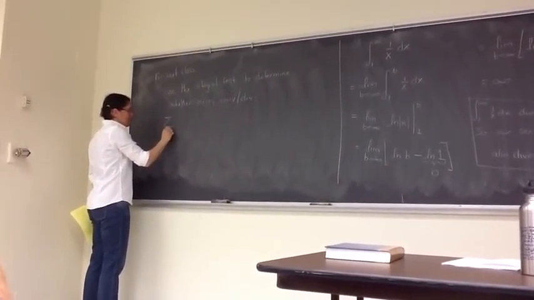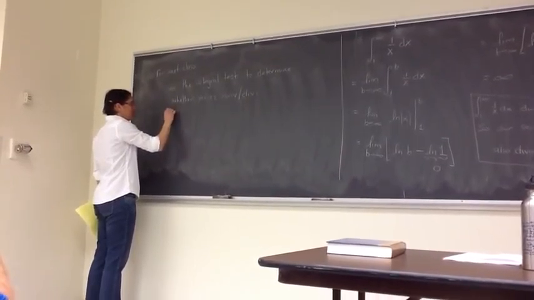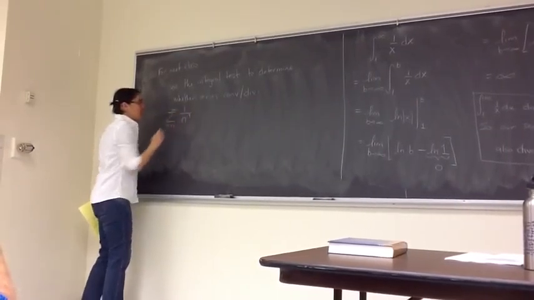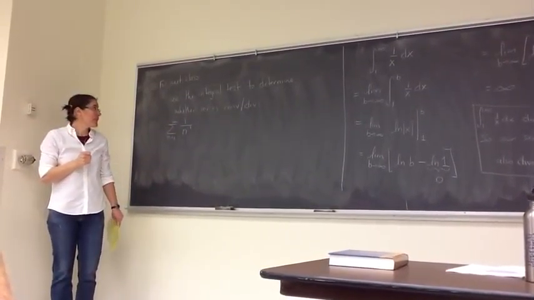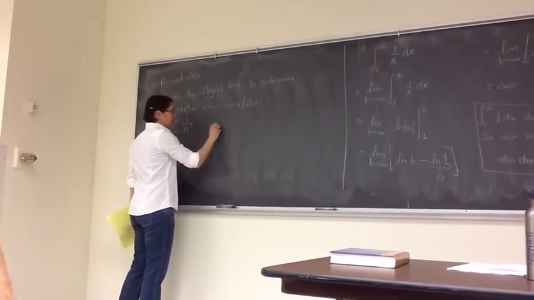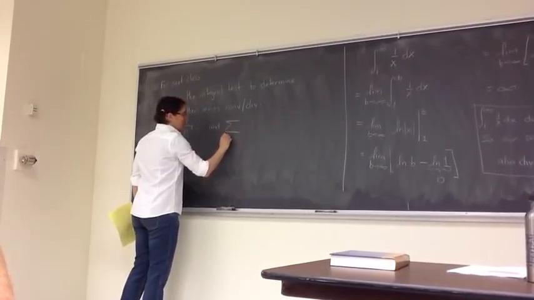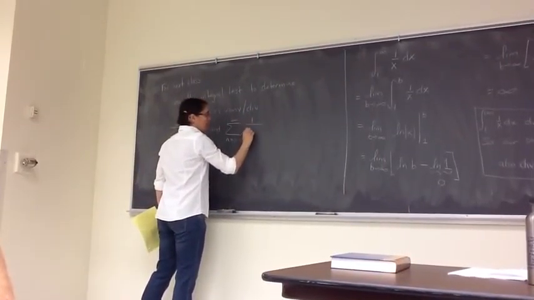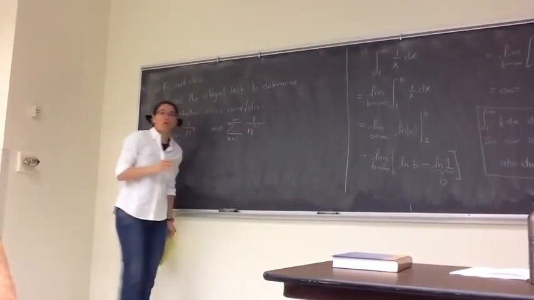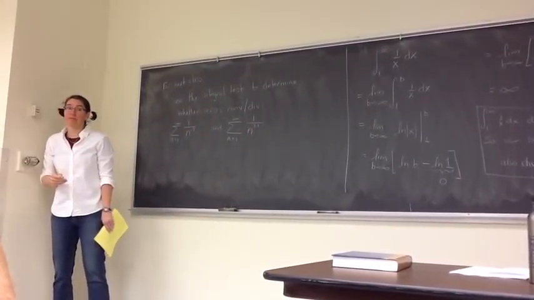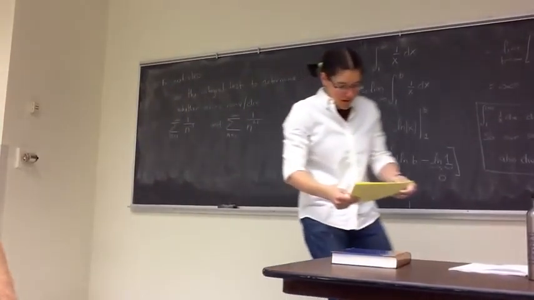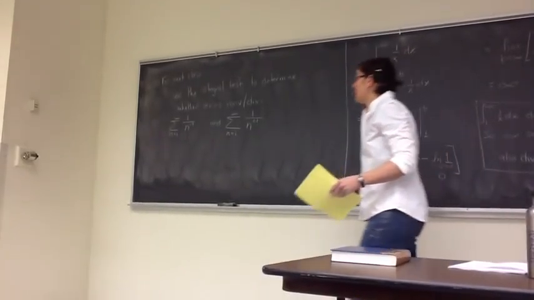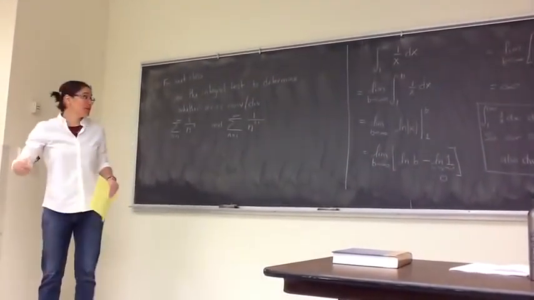The sum, where n goes from 1 up to infinity, of 1 over n raised to the 0.9 power, and the sum, where n goes from 1 up to infinity, of 1 over n raised to the 1.1 power. All right, so I'd like you to use the integral test on those, and then I have some practice problems. So we're going to talk about these two examples at the beginning of class next time.